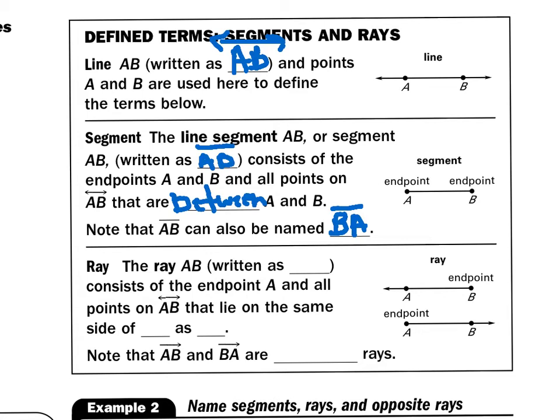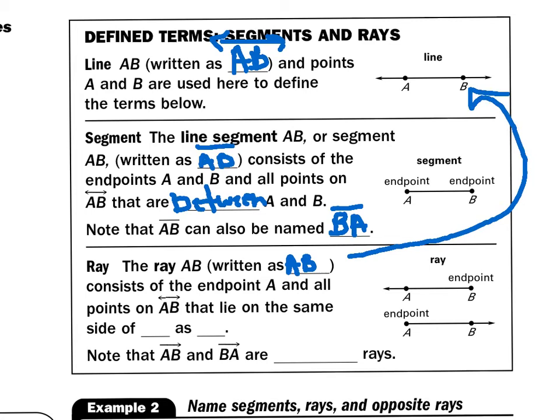Ray. The ray AB, written as AB with an arrow. Okay, they didn't mess up this one because they're using these pictures for something else. So, remember we are coming all the way back up here.